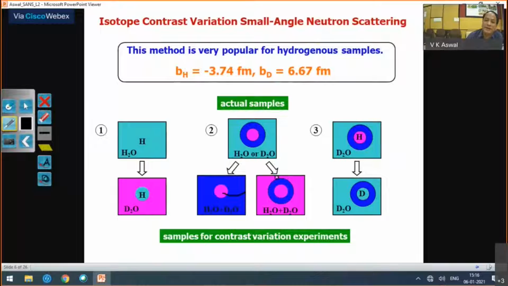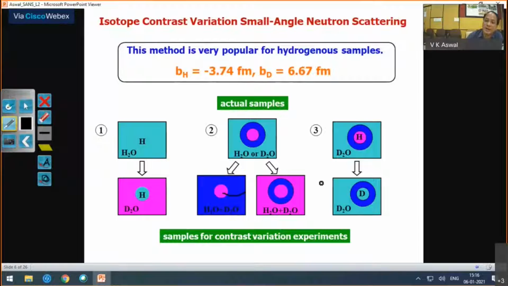In another mixture of H2O and D2O, you can take a scattering length density where the solvent will be the same as that of the core, and then you see the shell. So you can simplify it to see only the core or only the shell. In this case, you are changing the solvent, so it's called external contrast variation.